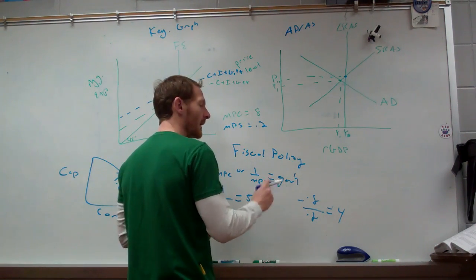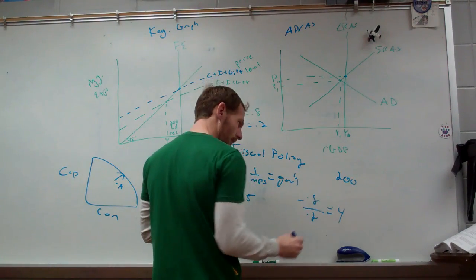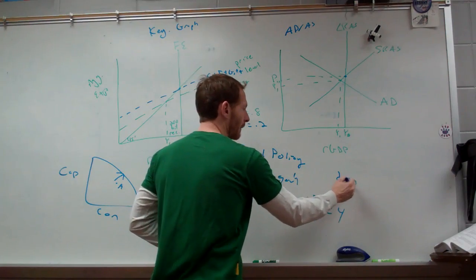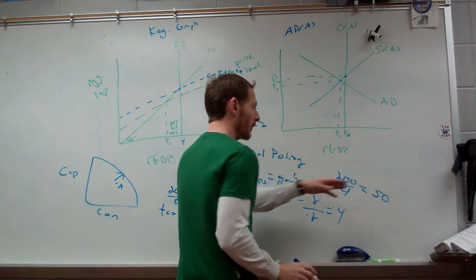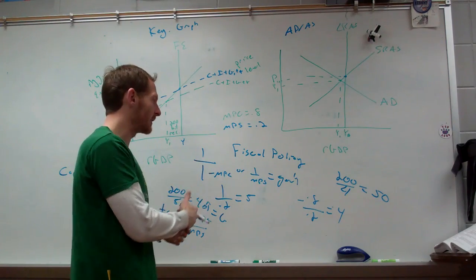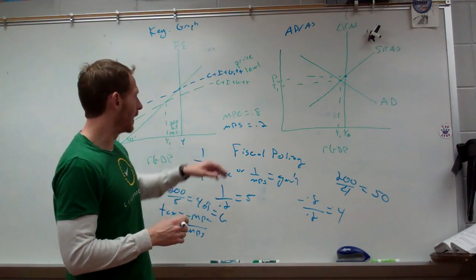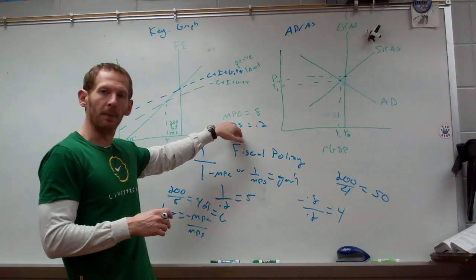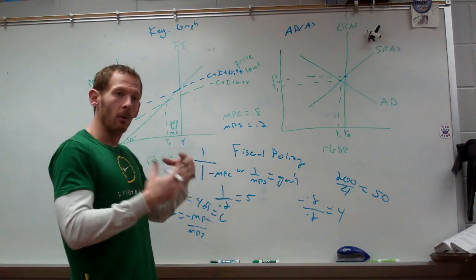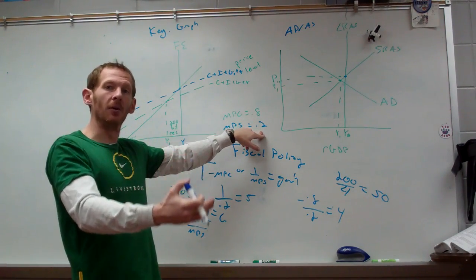So if there's a gap of 200 billion and we divide that by 4, we can reduce taxes by 50 billion. And we have to reduce taxes by more than we increase government spending because, according to our marginal propensity to save and consume, people will hold on to 20% and spend the rest.